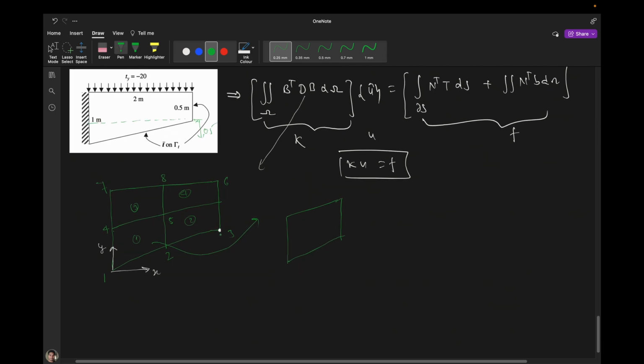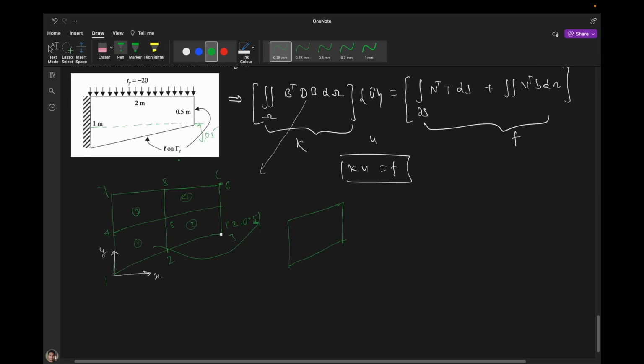So this coordinate will be 2, 0.5, and the coordinate of this point will be 2, 1, and this will be 0, 1.